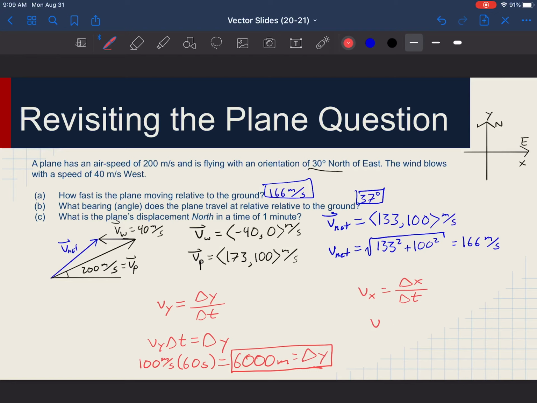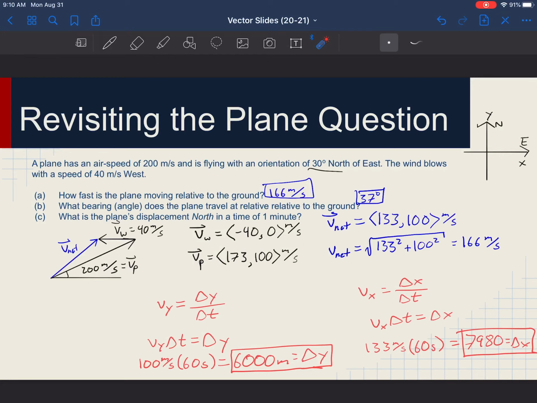So if I solve this for the x displacement, I get 133 meters per second times 60 seconds, which gives me 7,980 is equal to delta x. So what this tells me is that in a time of 1 minute, this airplane will have traveled about 6,000 meters to the right, so 6 kilometers to the east, and about 8,000 meters or 8 kilometers to the north.